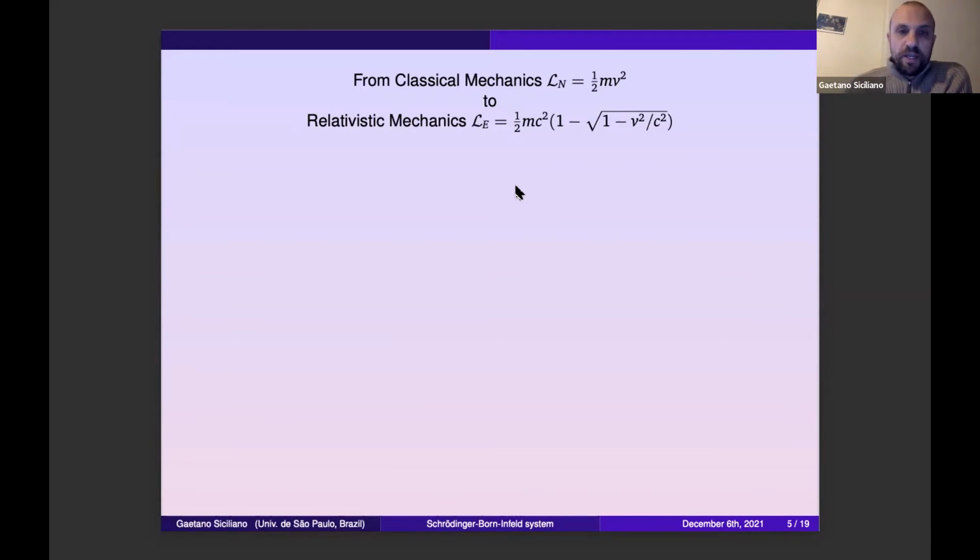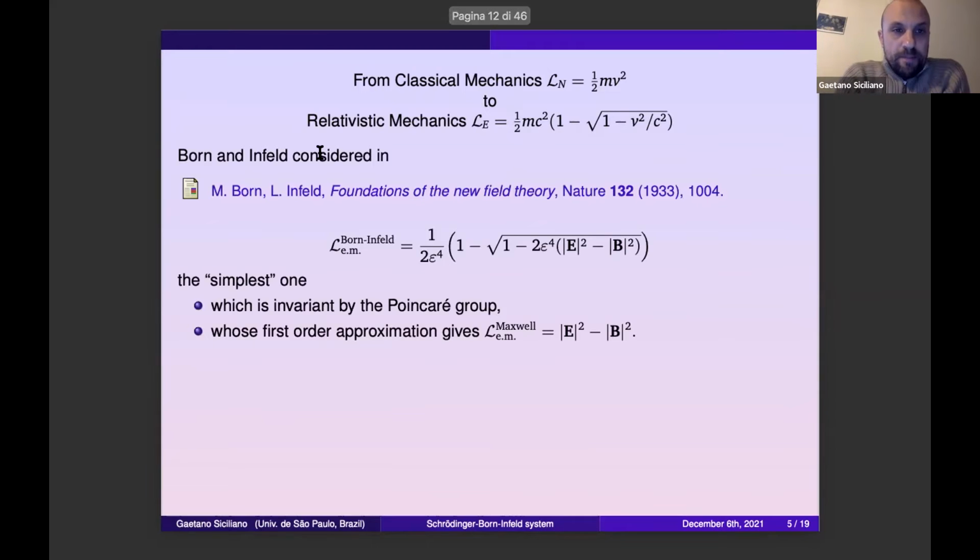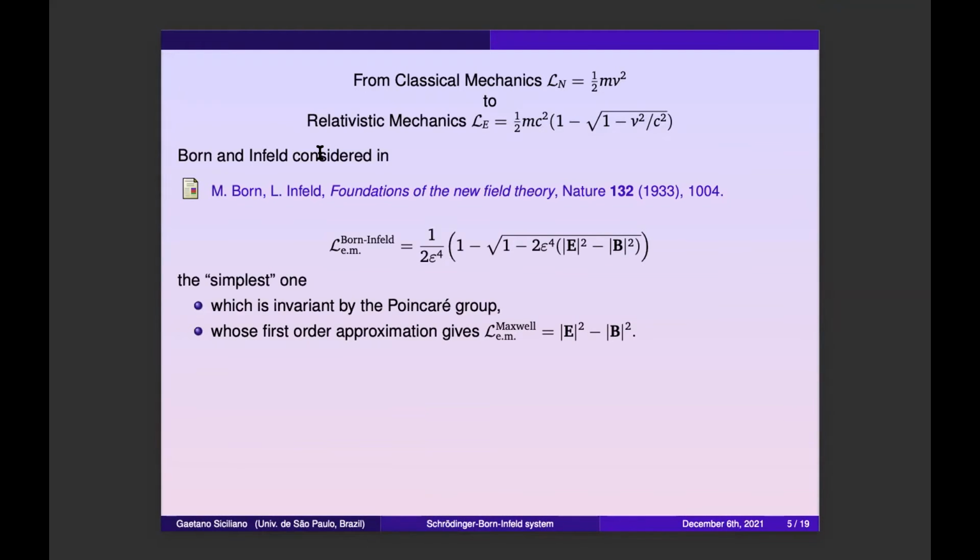We can do something also for the Lagrangian of the electromagnetic field. And in fact, this was done by Born-Infeld in the last century, where they basically consider this Lagrangian, which is very simple in some sense, and is invariant under the Poincaré group.